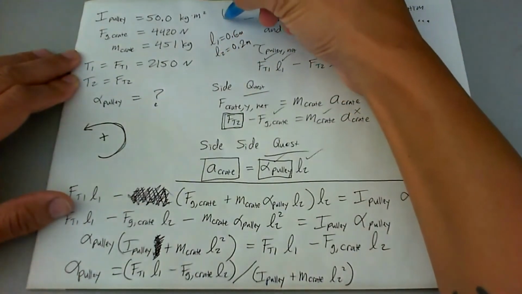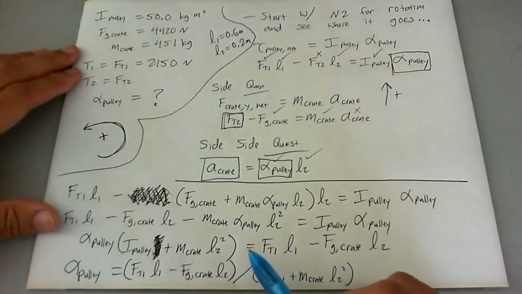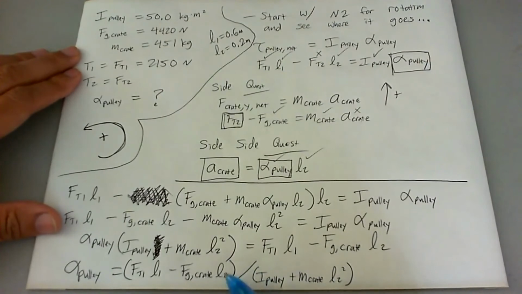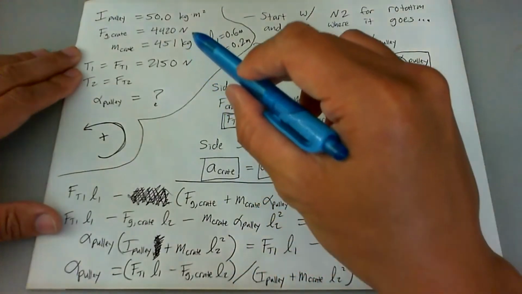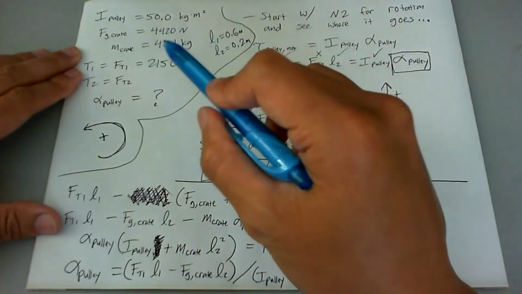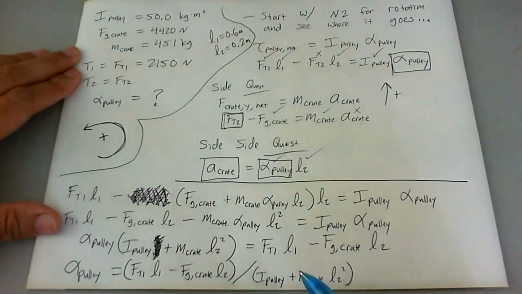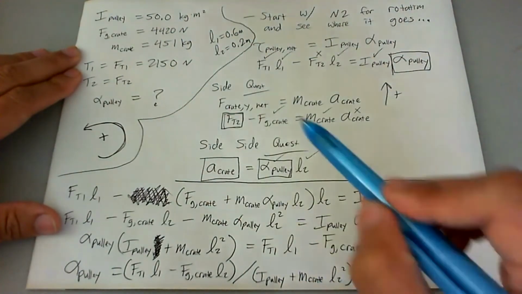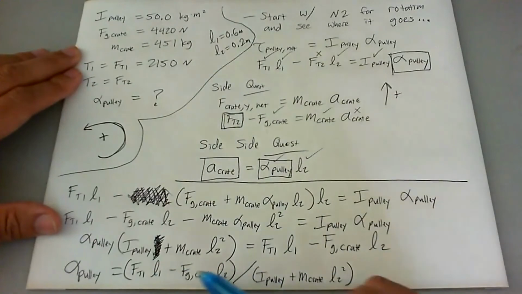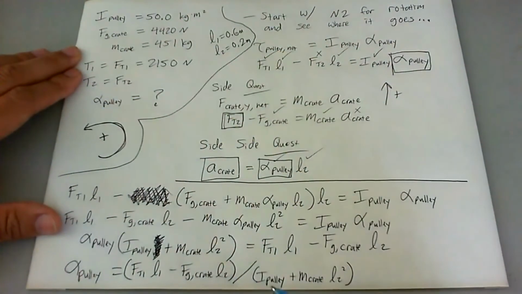So there's our knowns right there. Sorry, where was I? L2 is given there. I pulley is given here as the 50. M crate is given here as a derived parameter from the force of the weight of the crate. And then L2 again is given there. So we basically have all of these parameters listed here or in the original problem.